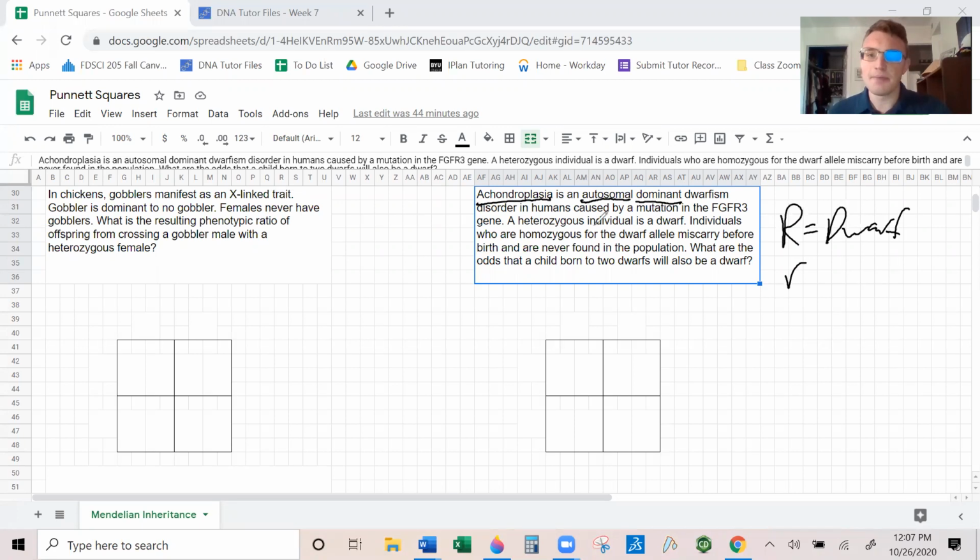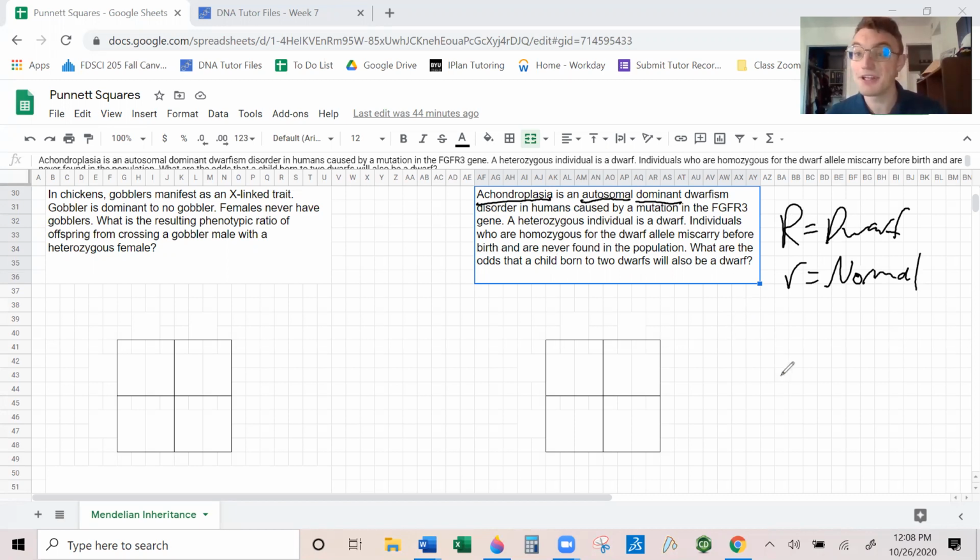And so then the little r is being normal height. A heterozygous individual is a dwarf. Individuals who are homozygous for the dwarf allele miscarry before birth and are never found in the population.